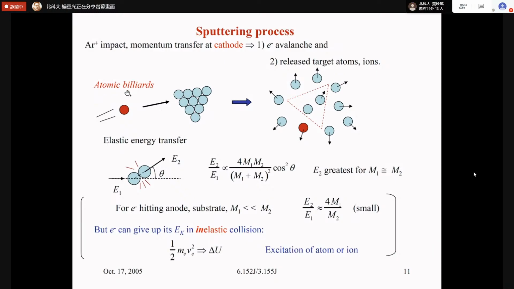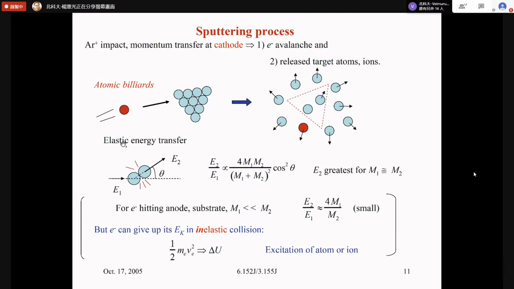Like billiard balls: this is a billiard ball, and this is a red ball. When it hits, they all come out, right? And how do we do the calculation? We can use elastic energy transfer.